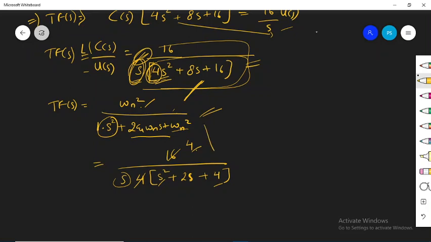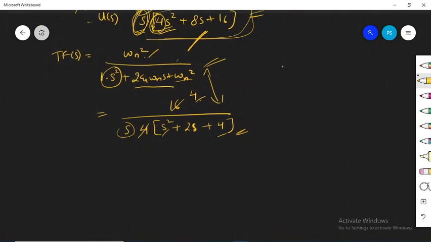Just compare these two equations. Compare the equation of the transfer function that you are getting with the standard second order system's equation. When you compare it, you can easily find out that omega n square can be related with this 4. So omega n square is going to be 4.